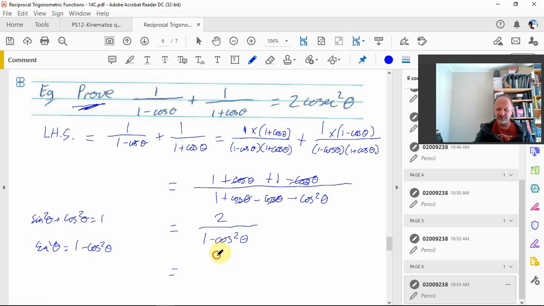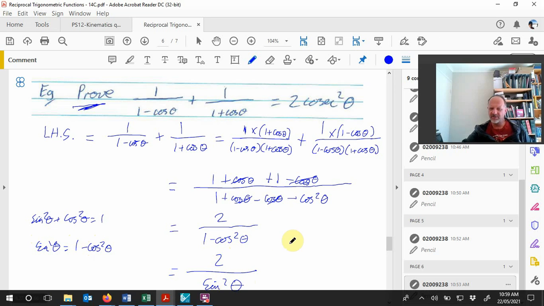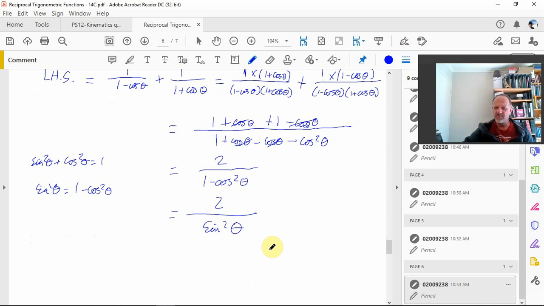So that's 2 over sine squared theta. Now, that's on the bottom now. And if that's on the bottom, that's our reciprocal. And the reciprocal of sine is cosec, so it's 2 cosec squared theta.